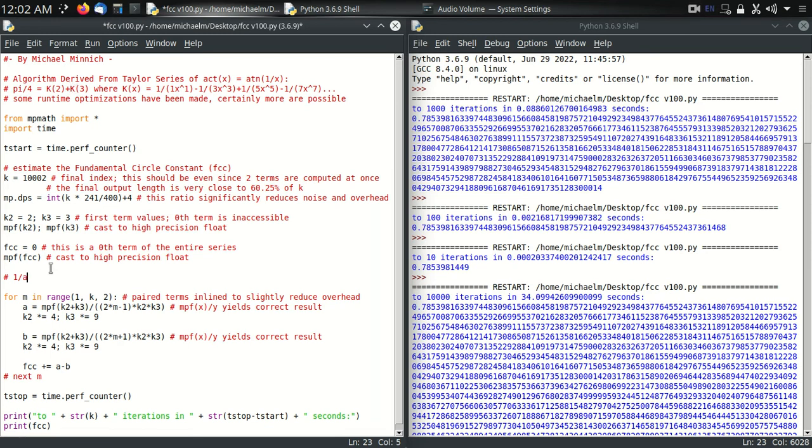So 1 over A plus 1 over B. And note too that you've got the 1 or the 3 or the 7 or whatever, so there's another part in there that's shared between them.